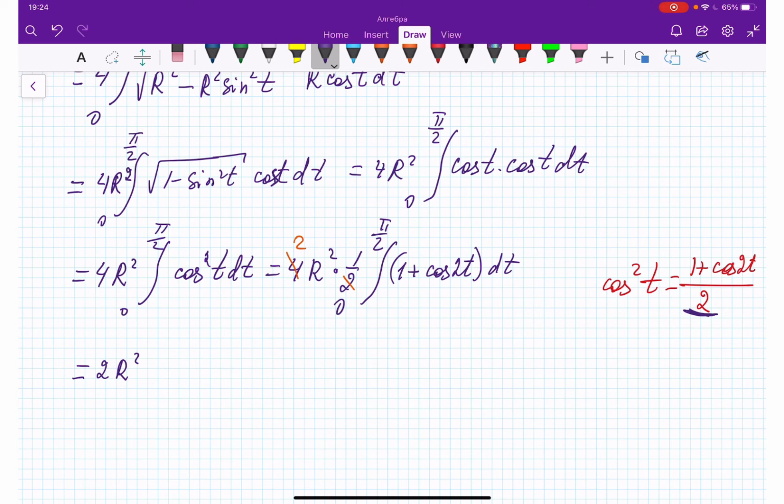Okay, so if I break down, I'm going to get 2r squared integral 0 to pi over 2 dt plus, since I have here cosine 2t, this 2 in 2r squared I'm going to squeeze under dt. It's going to be only r squared from 0 to half a pi, and it's going to be cosine 2t and bringing under derivative, right? d 2t.